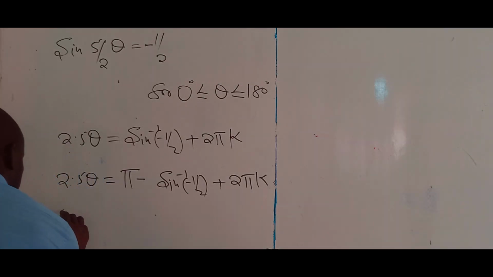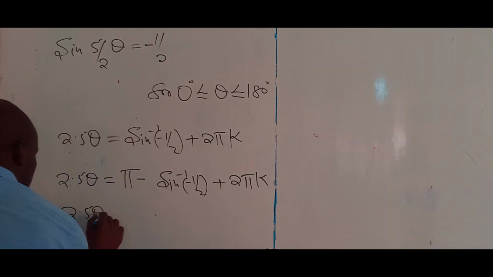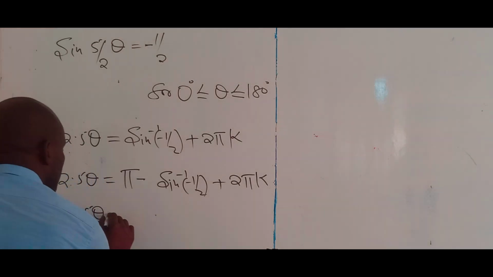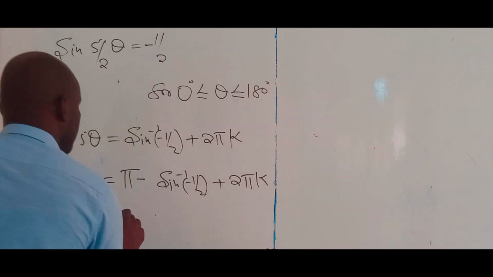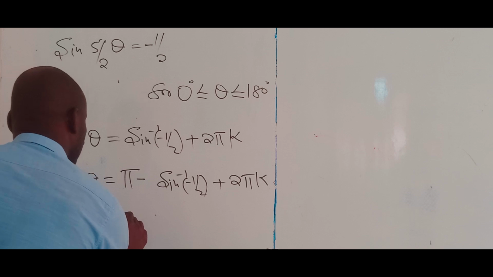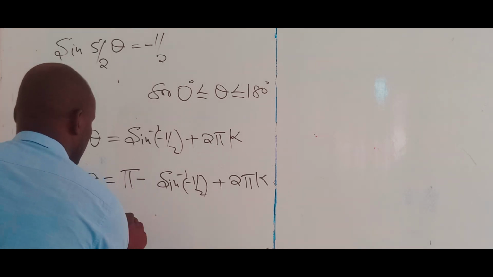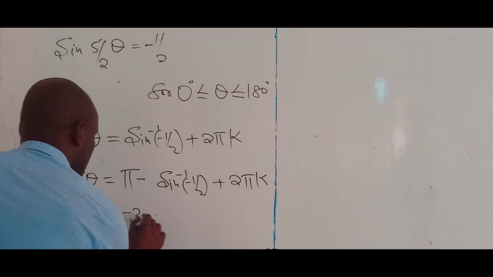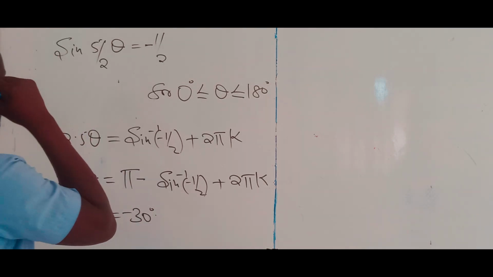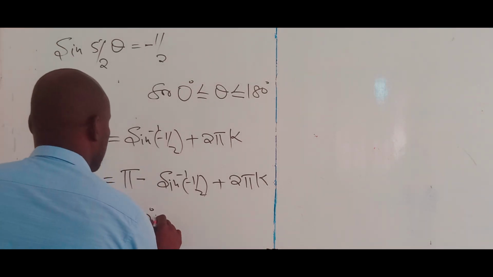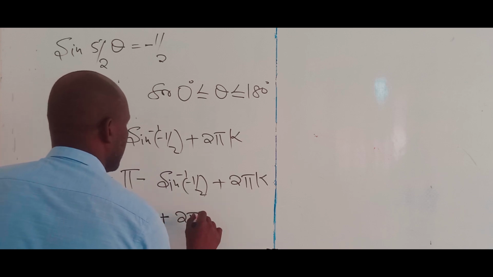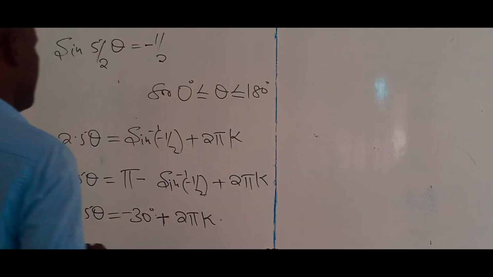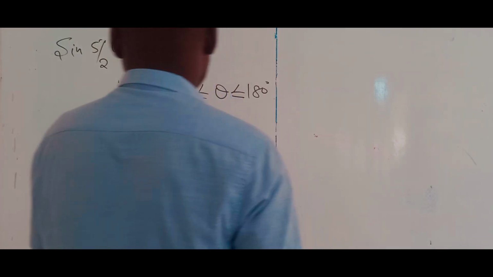So here we have 2.5 theta is equal to negative 30 degrees plus 2 pi k.